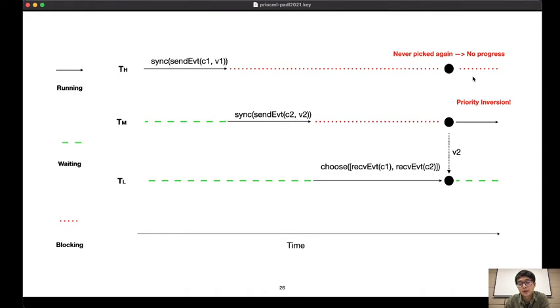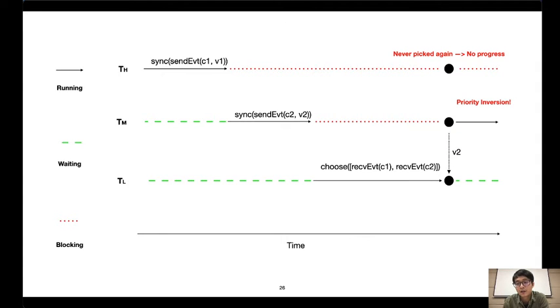So this decision introduced a priority inversion, and we don't want that to happen. So this is something we also want to prevent. We want to consider this when we introduce our priority schemes.